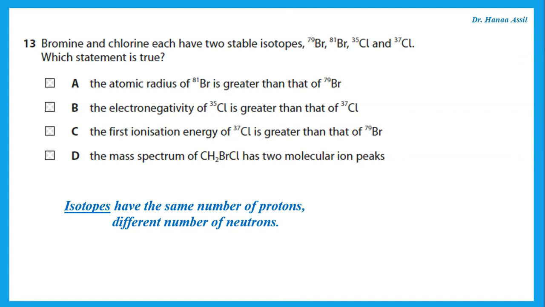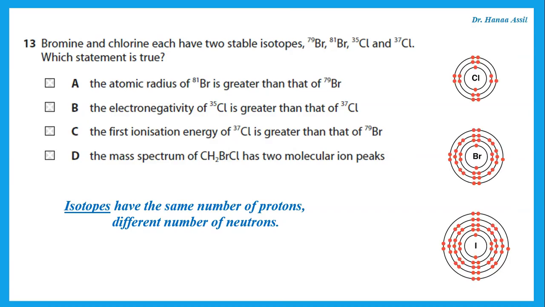They differ only in the number of neutrons. The isotopes will have the same number of protons, same atomic radius, so it doesn't make a difference, same electronegativity, okay? As we go down, this first ionization energy, if he says the first ionization energy of chlorine is greater than that of bromine, well, that is correct.